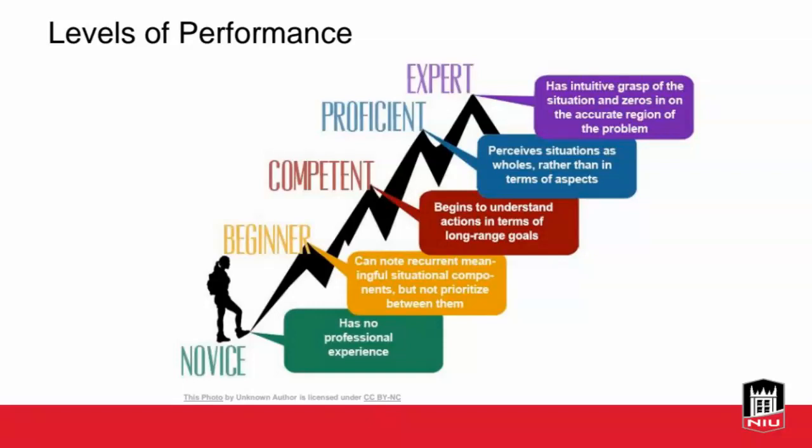So we want to give detailed enough descriptions that students understand why they're receiving a certain level of performance on that criterion, but not so detailed that it's really difficult for us to place students along those levels of performance, because they're so specific that maybe a student meets one part of it but doesn't meet another part. So that's where we really need to be careful about how we describe things.